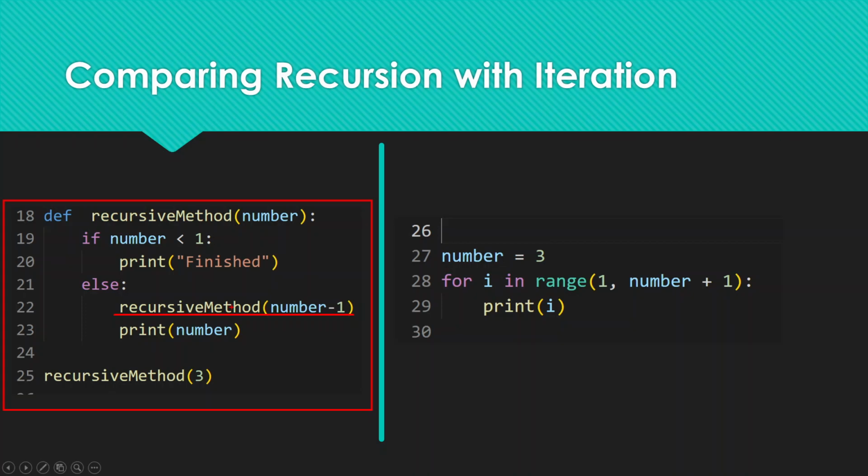So those are the disadvantages of recursive solutions compared to iteration. Iterations are more space efficient and more time efficient compared to recursive methods. While on the other hand, recursive methods help you write solutions with fewer lines of code that are more readable and understandable.